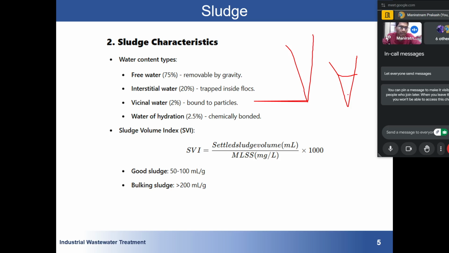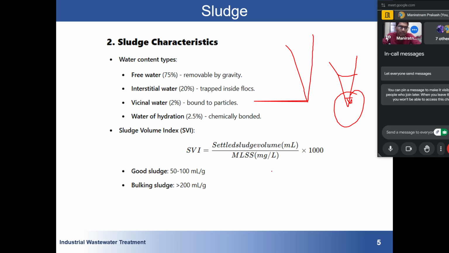After 1 hour, all the solid will settle here, and this is our main sludge. Settleable sludge is divided by MLSS. MLSS generally is 1 liter.